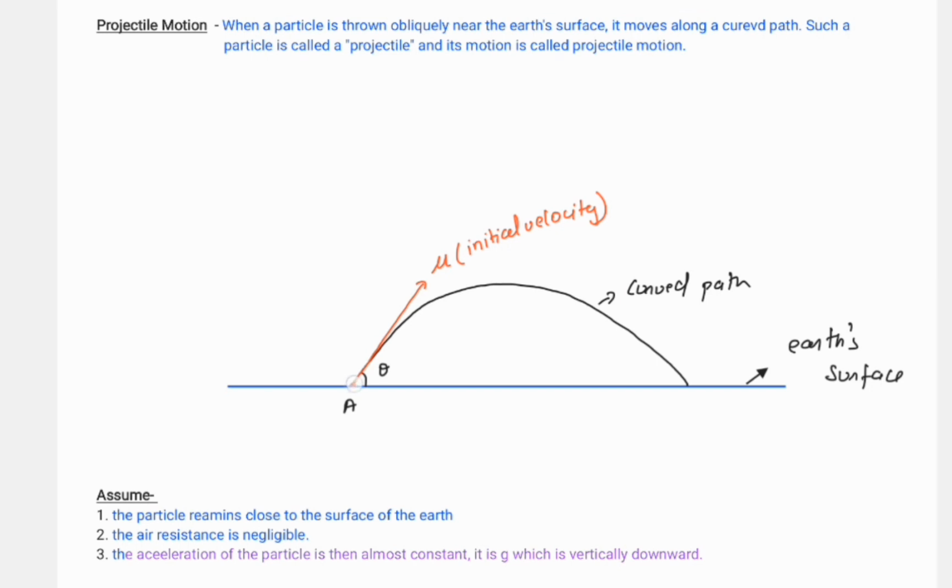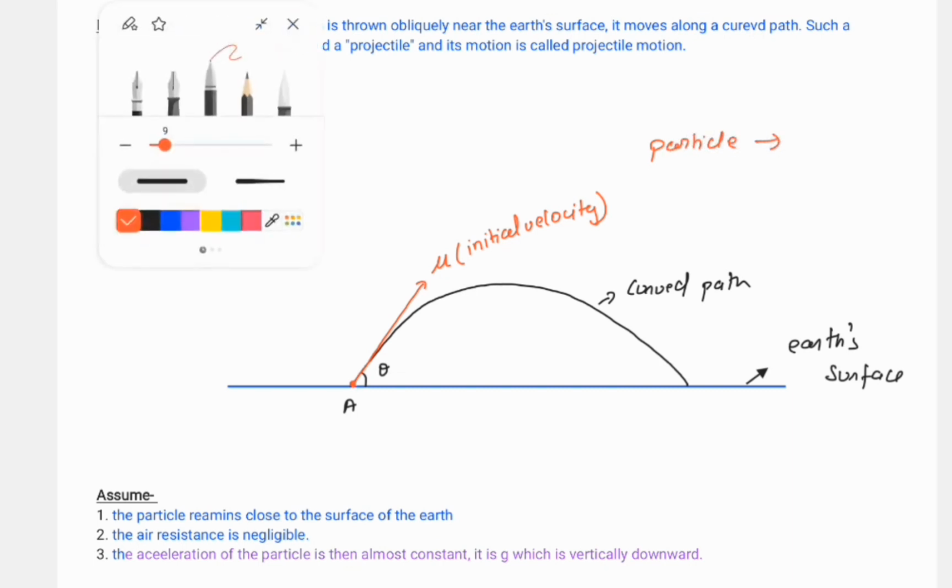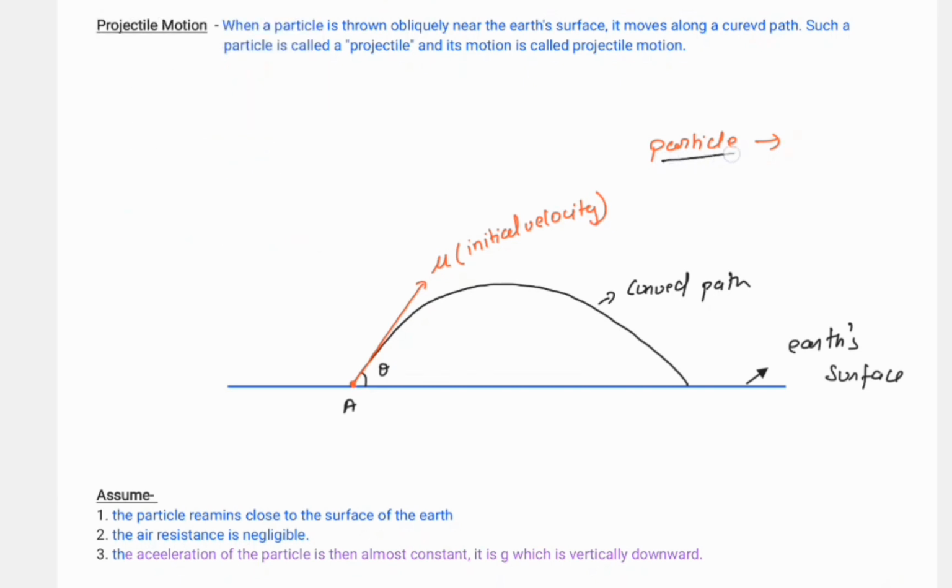The particle which we have thrown will be known as a projectile. And this type of motion is known as projectile motion.